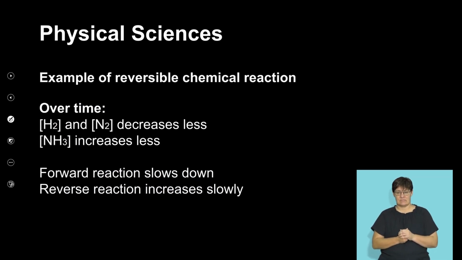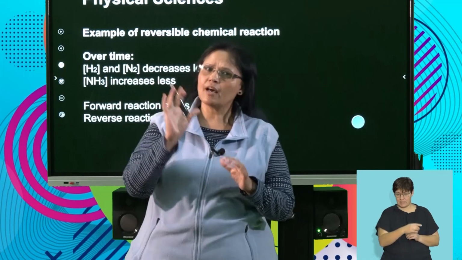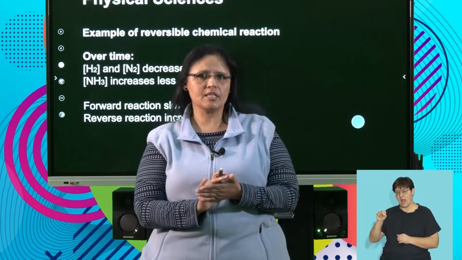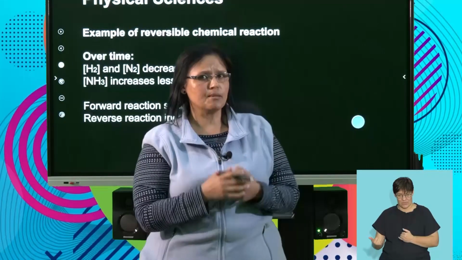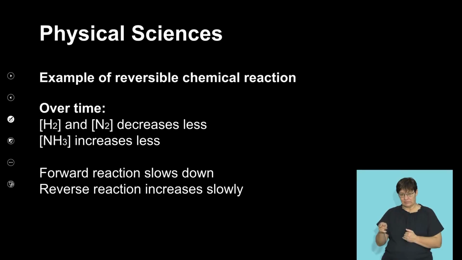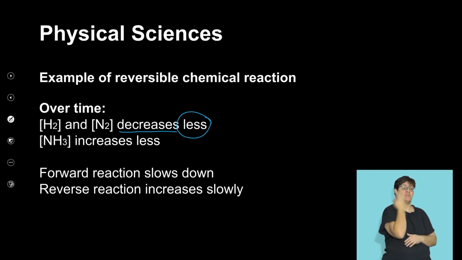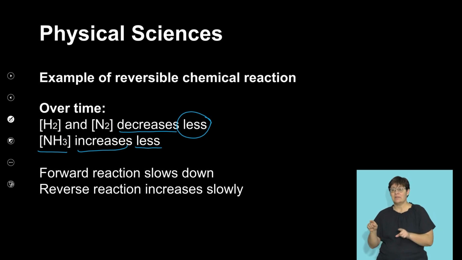Even a little bit later, remember we still have nitrogen, we still have hydrogen, but we also have ammonia now in the system. But the nitrogen has become less and less over time, so it still decreases, but not at a high rate as before. So it decreases, but to a lesser extent. The ammonia still increases, but not like before. It also increases less per unit time.